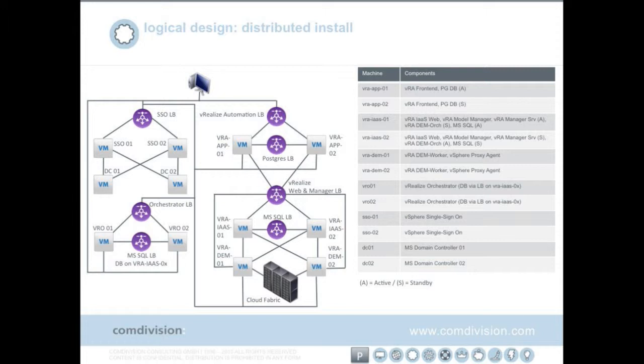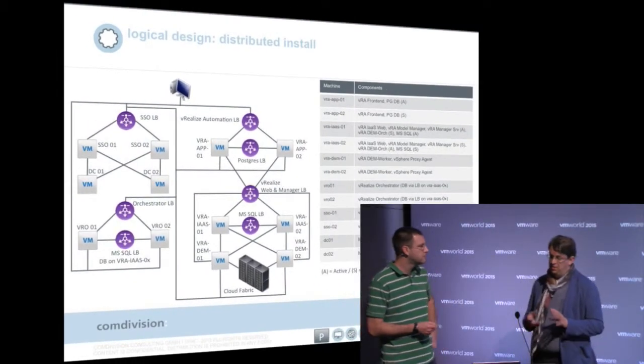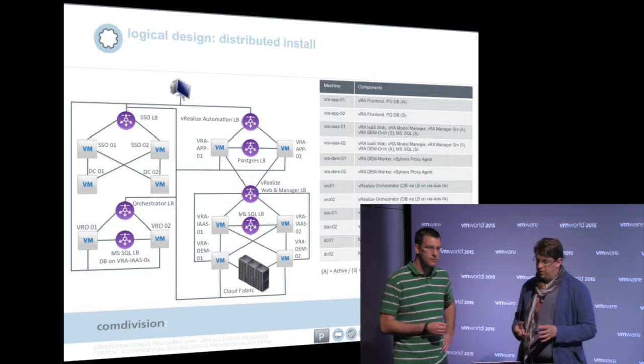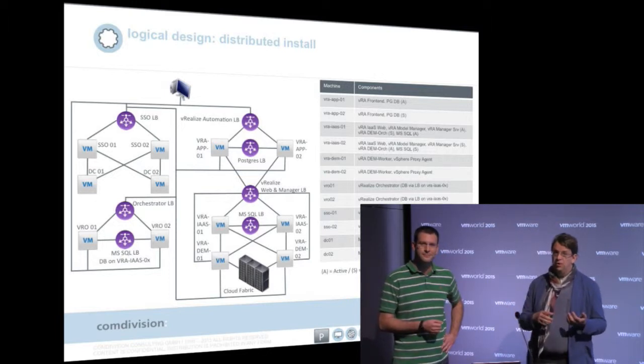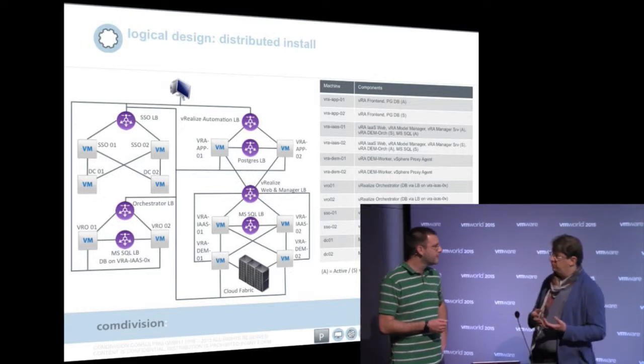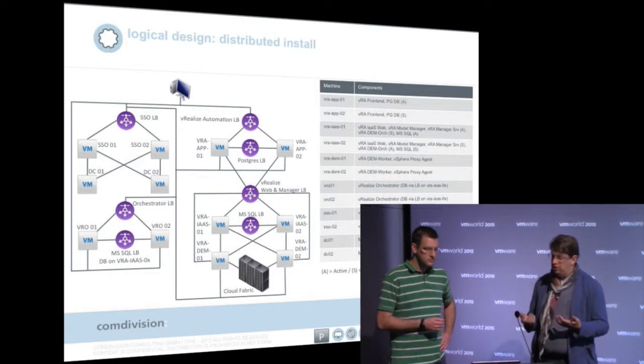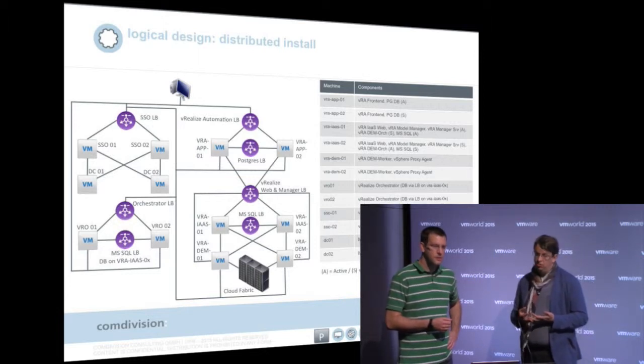If you want to scale for up to 30,000 VMs or something like that, even this is going to be small. What we did with this design, which we used internally as well, is lower the number of virtual machines and reduce the number of components by putting the SQL servers onto the nodes and not placing additional complexity in.